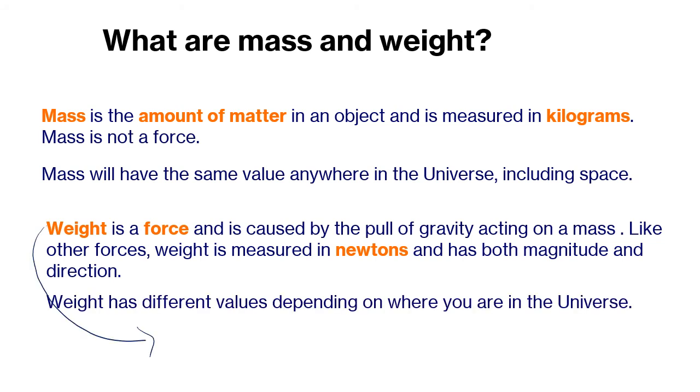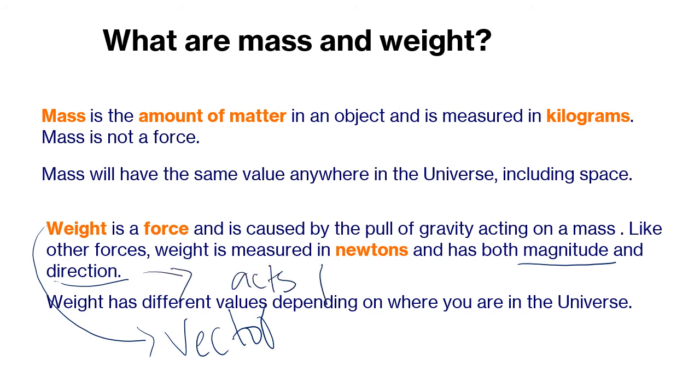Did I say weight is a scalar quantity a couple of seconds before? No, so that I was wrong. Weight is a vector quantity because it has both magnitude and direction. Weight, what's the direction? Weight always acts towards the center of the Earth.